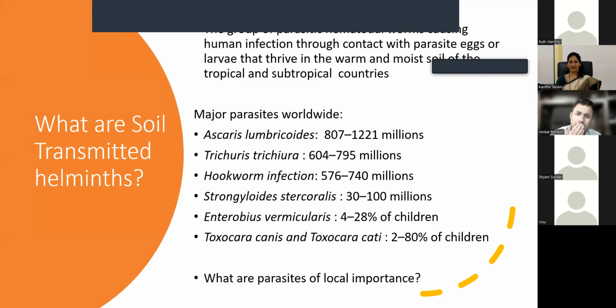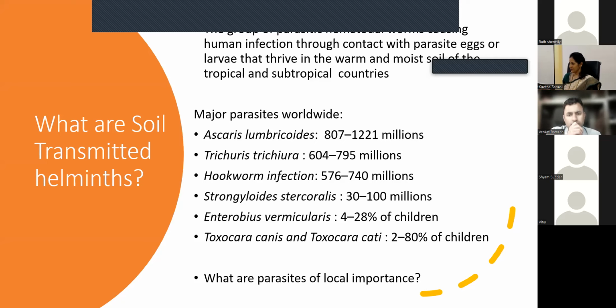What are soil transmitted helminths? These are groups of parasitic nematode worms causing human infections through contact with parasitic eggs or larvae that thrive in the warm and moist soil of tropical and subtropical countries. Dr. Venkat Ramesh was telling that three major ones are there: Ascaris, Trichuris, and hookworm.